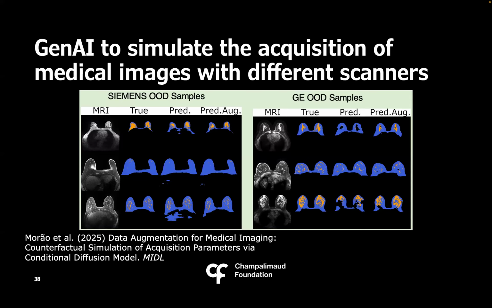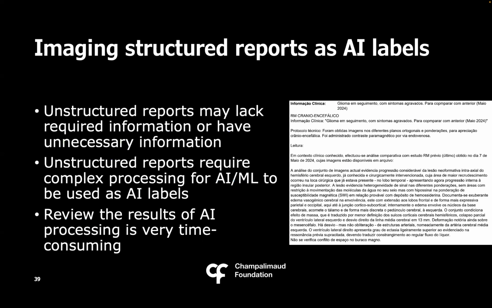So basically, this is some ongoing work now with latent diffusion and some more advanced methods. Also, because this is Priberam, and Priberam works a lot with text: in radiology, one of the things that we can also use is the radiological reports written by the radiologists, often in a narrative form, which can be processed by NLP to extract information to be used as AI labels.